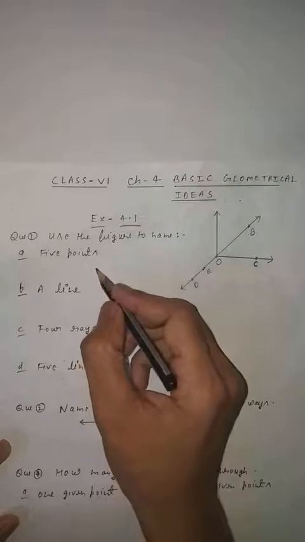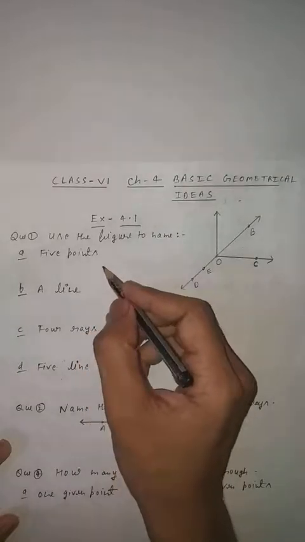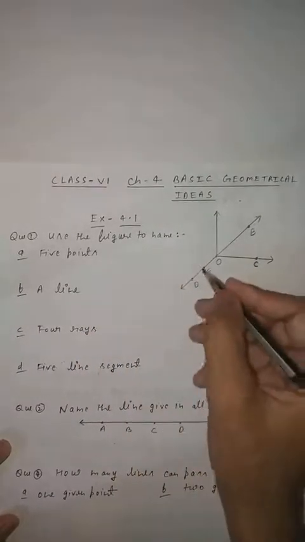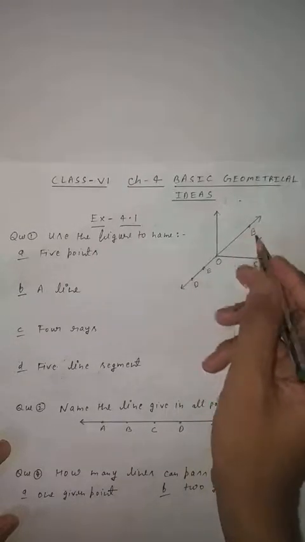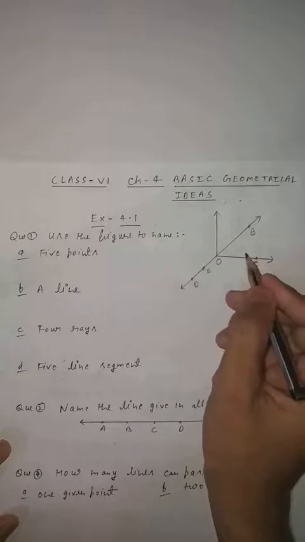Now what is given? 5 points. Clear students? So here you can see D, E, O, B, C. All are what? Points. Clear students?